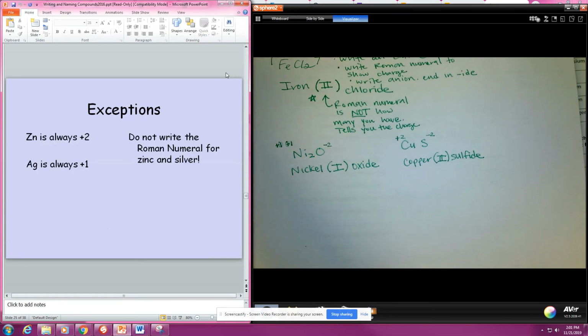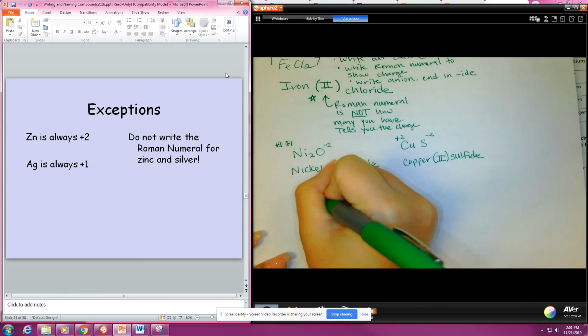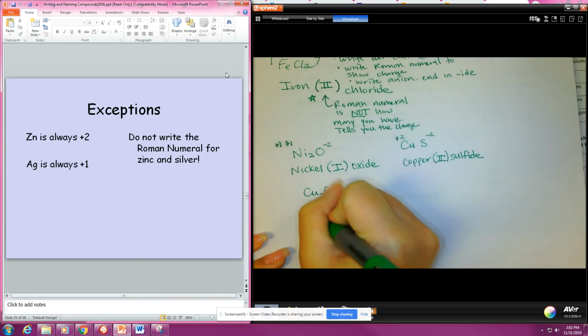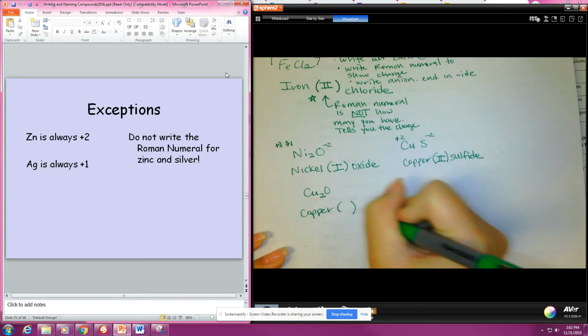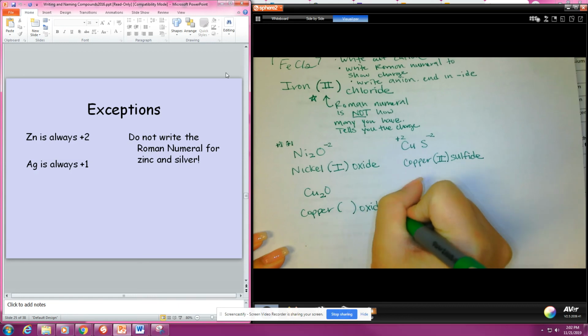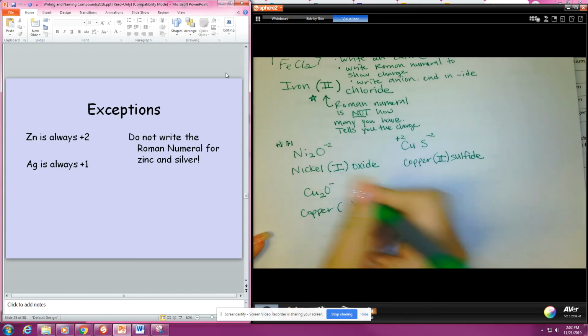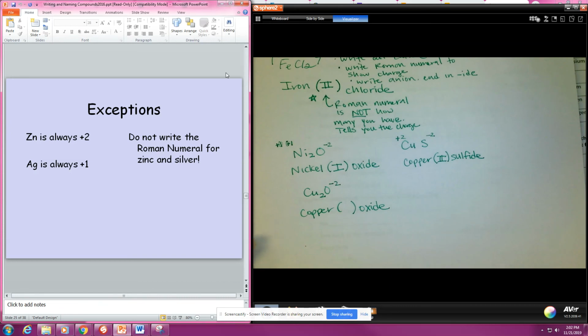Okay, one more. Let's do Cu2O. In this example, it's copper something, oxide. That oxygen is going to be a -2 as well, but this time I have 2 coppers.